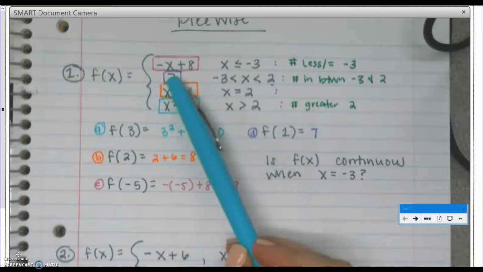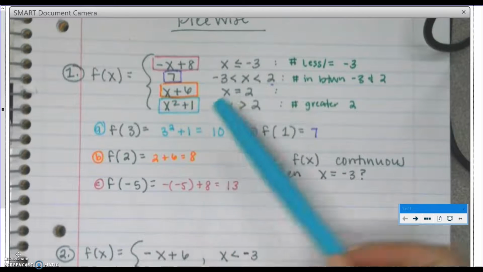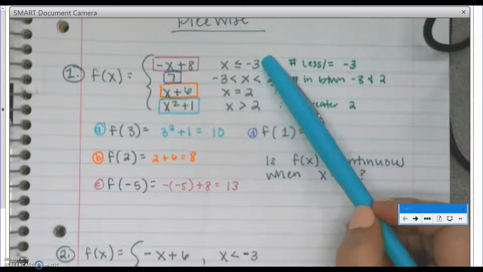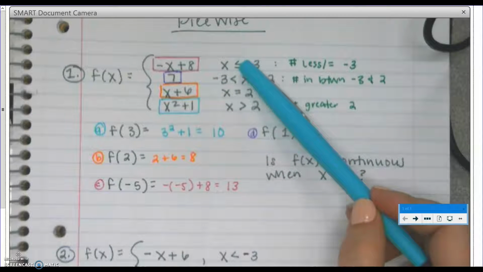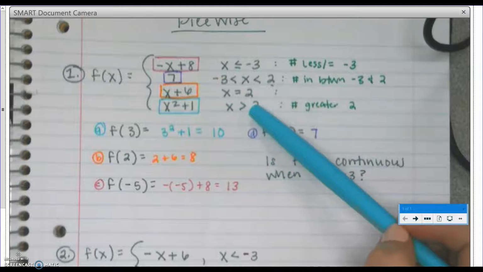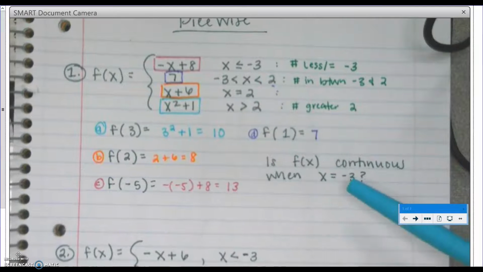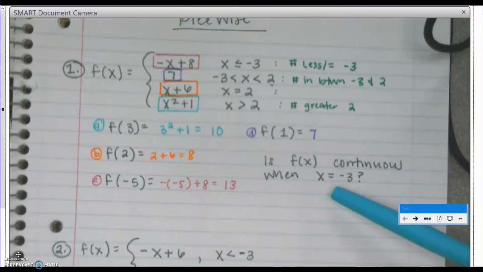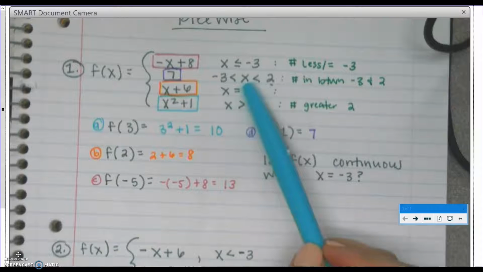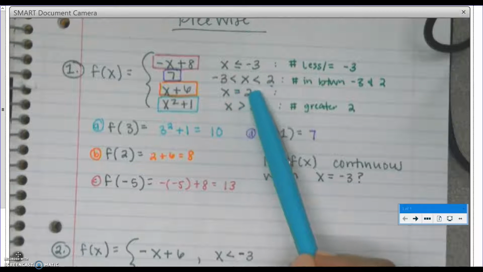So these are all continuous by themselves. To figure out if as a whole graph they are continuous, I have to look at where the first piece stops and the other piece starts. So almost all of these questions are gonna be asking you to find if it's continuous at one of the numbers that you see in the inequality symbol.